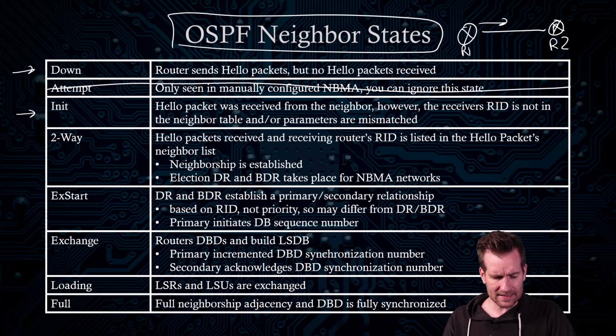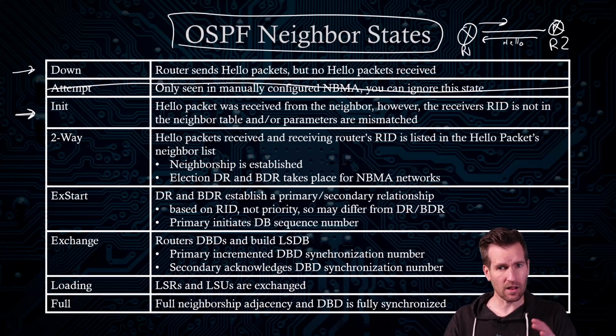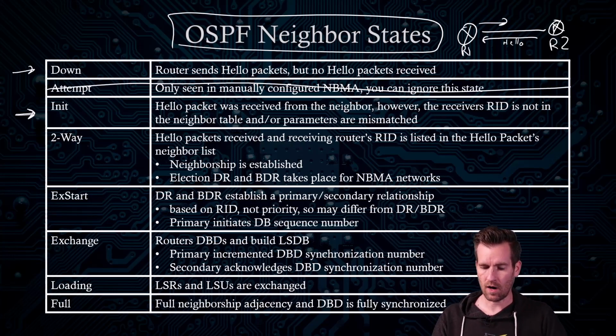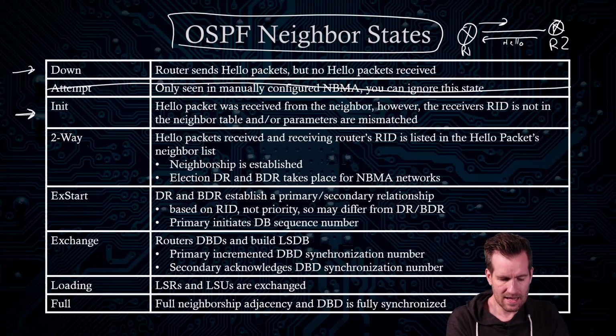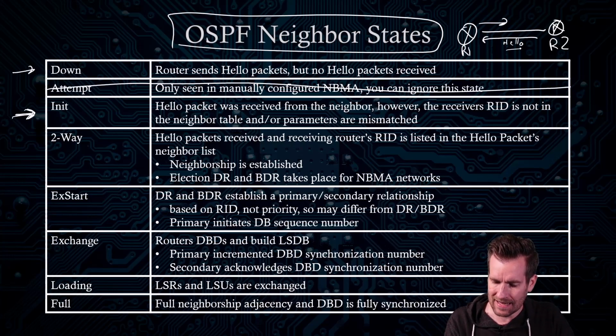All right, so next, in this init state, R1 receives a hello packet from R2. But within the hello packet, we know that R2 lists out all of its neighbor relationships. So this init state exists when that hello packet does not list the RID, the router ID of router 1.